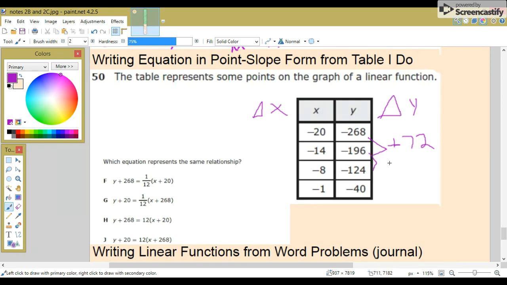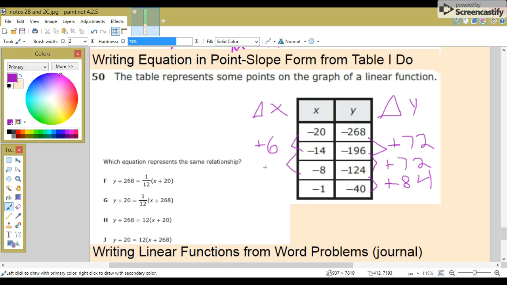We could do the same thing for the other points. This one will be a little bit different. Now we're going to find change in x. From negative 20 to negative 14, that's a plus 6. We add 6 to negative 20 to get negative 14.